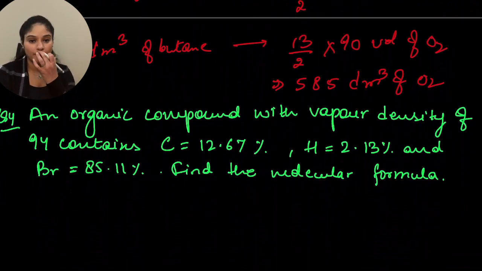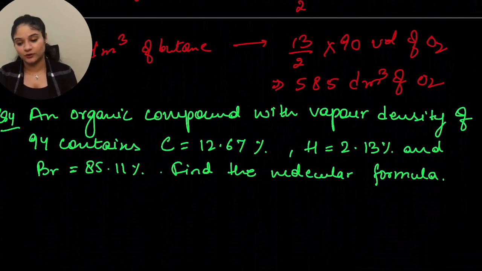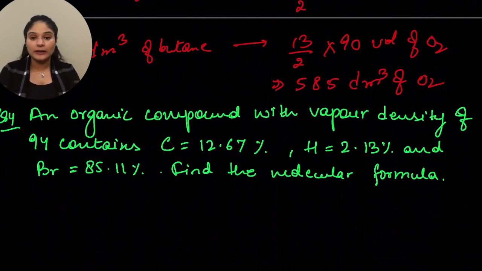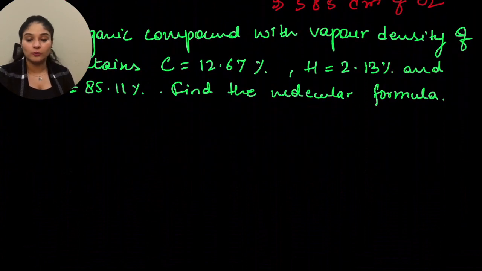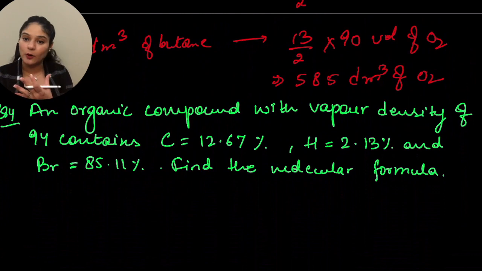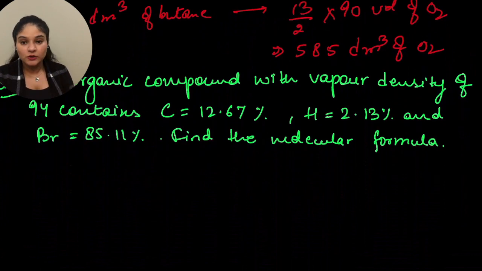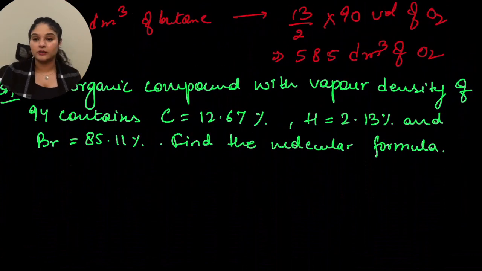An organic compound with vapor density, so this is an interesting one. An organic compound with vapor density of 94 contains carbon this much, hydrogen this much, and bromine this much. Find the molecular formula. Before finding the molecular formula, you're supposed to find the empirical formula. Now how do we do that? First thing is always make the chart.